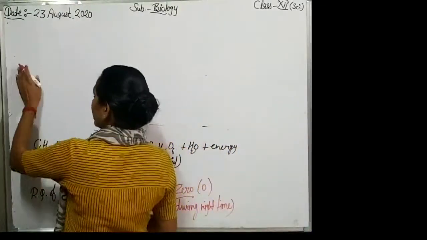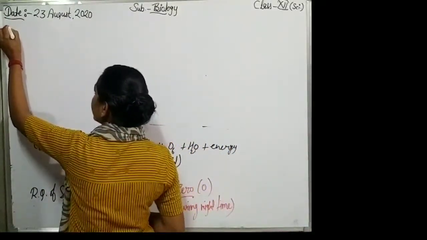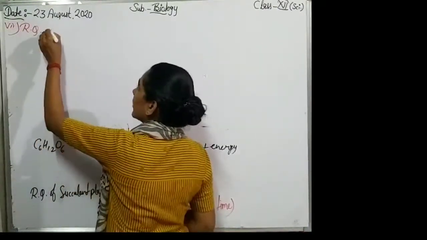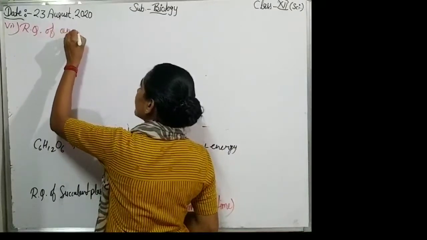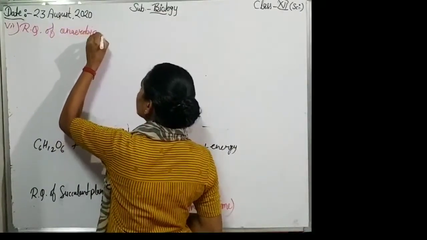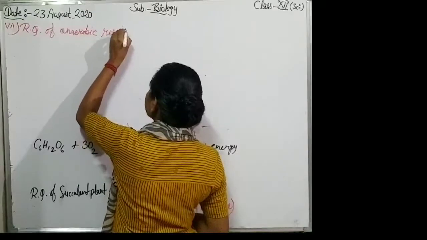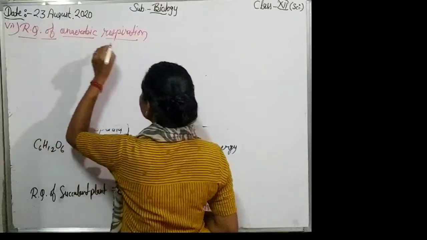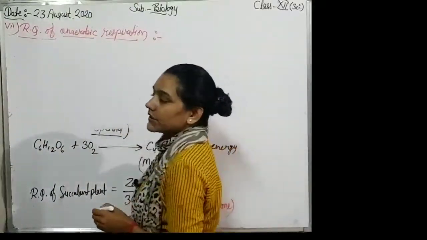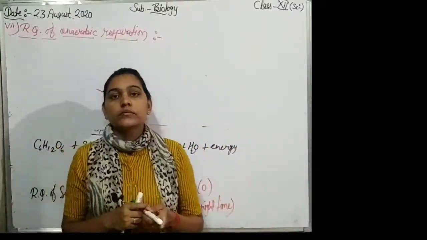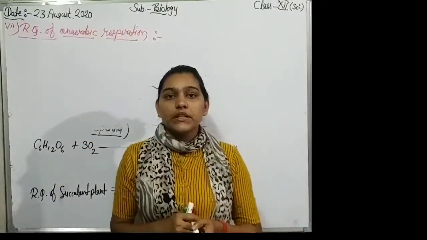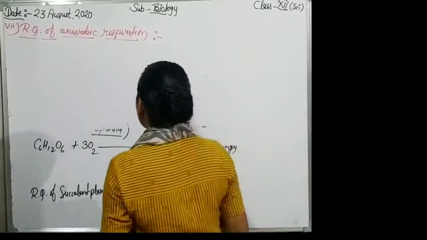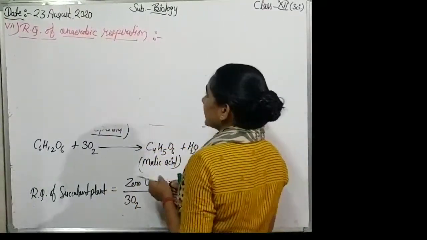Now RQ of anaerobic respiration. During anaerobic respiration, CO2 is released but oxygen is not used. Then RQ of anaerobic respiration is infinite.